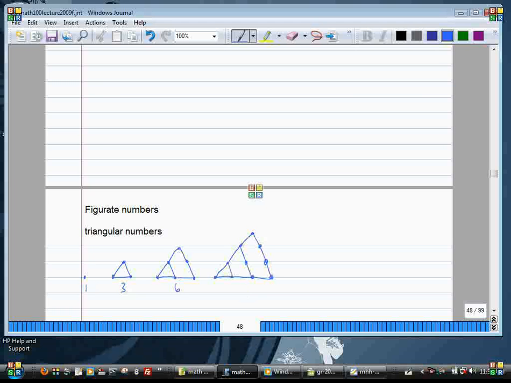Because what do we do to get from one figure to the next? All we're doing is adding a layer. So all we've done is taken the previous triangle and added 4 points. So in the next triangle, how many points are we going to add? 5. So how many total points will there be?